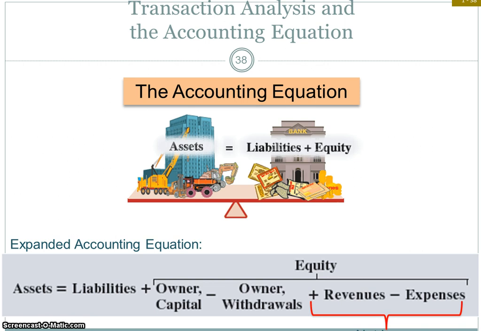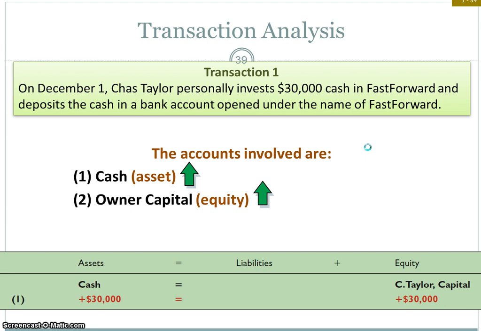You're going to have to memorize this because in the second chapter, this is what you're going to be living with. Let's take some transactions, and this is going to show you the double entry component of accounting. For instance, on this slide, an owner is going to start his business, so he deposits $30,000.